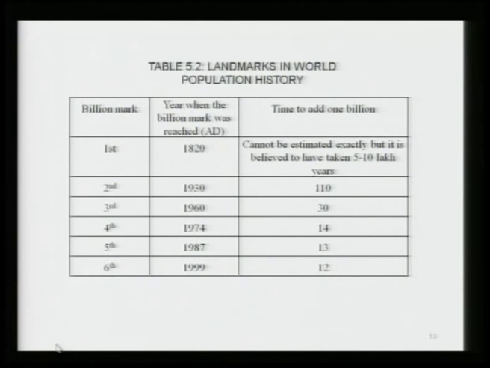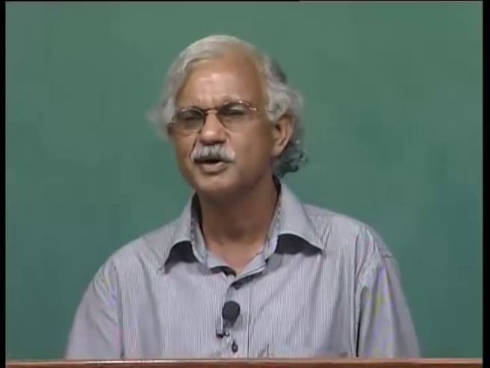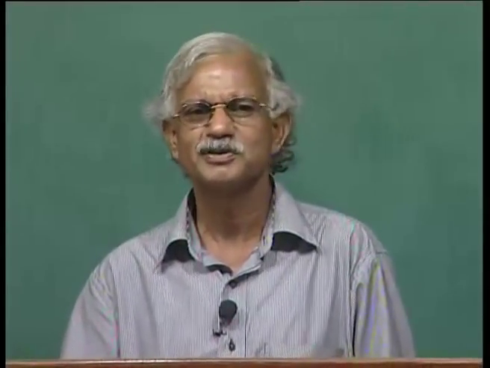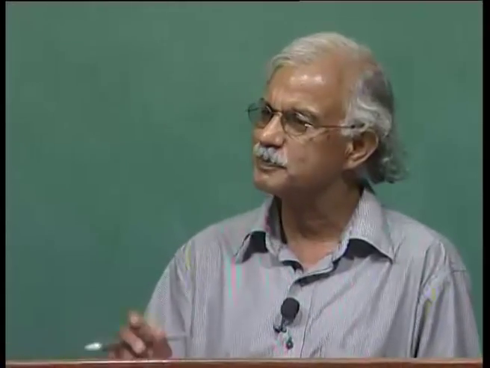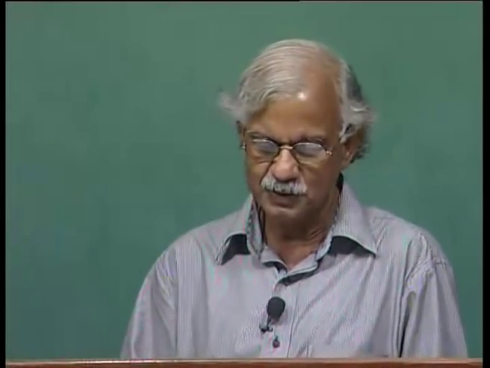It took 5 lakh years to reach the first billion mark, but between 1987 and 1999 it takes only 12 years to add another billion. So, this is the time when population growth is affecting all calculations of planners in terms of productivity, employment, poverty, inequality, opportunities, standard of living, and population becomes a major issue.